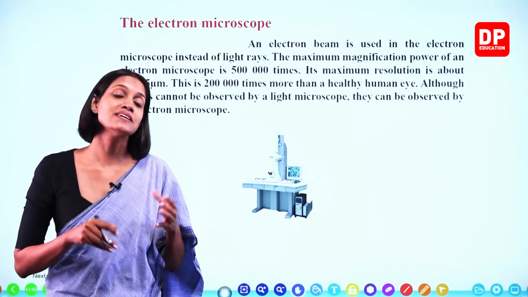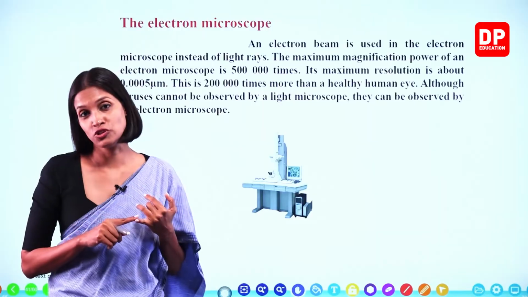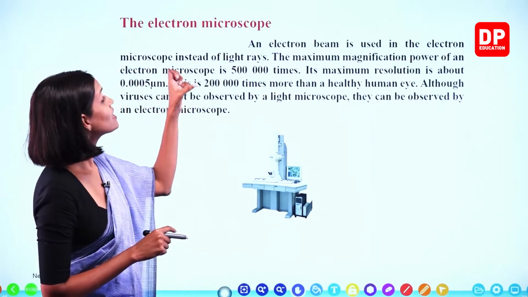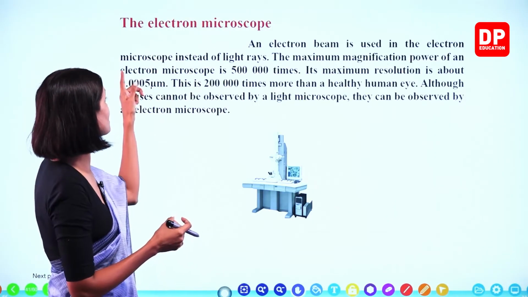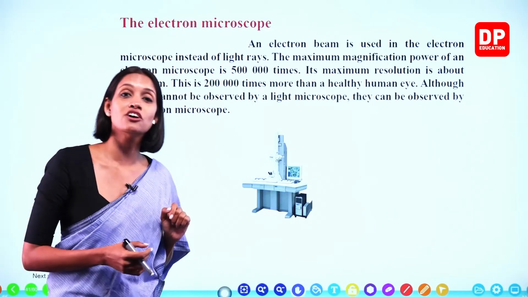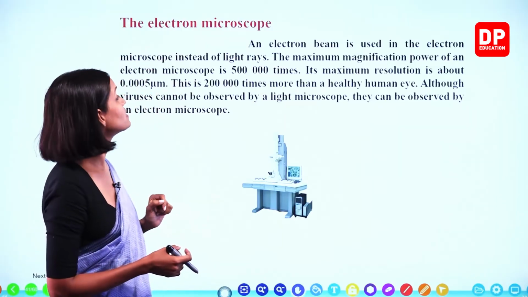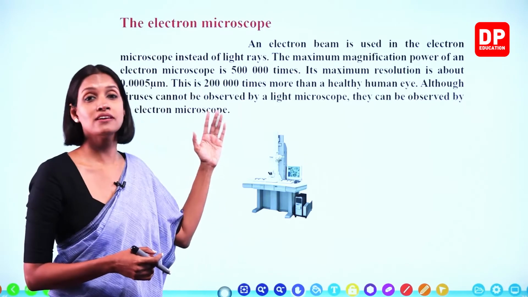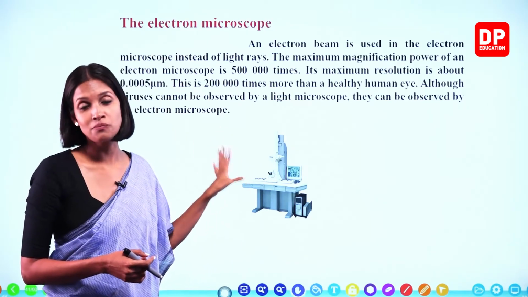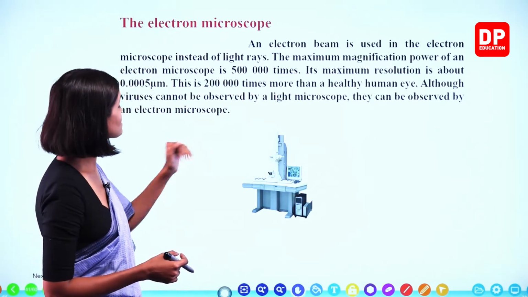Those are known as electrons, protons and neutrons. So here an electron beam is used in the electron microscope instead of light rays. Okay children, so this is extremely more powerful than the simple microscope and the compound light microscope. Let's go through these details.